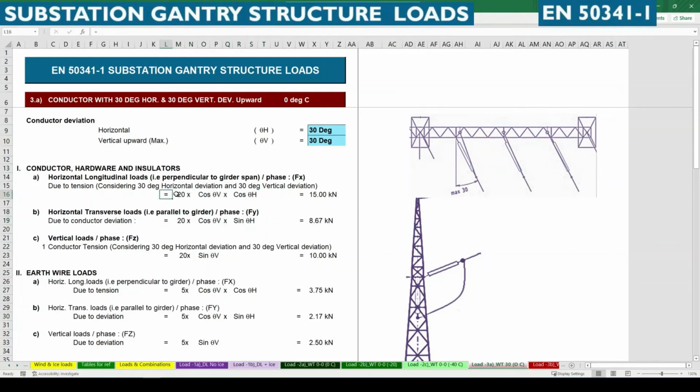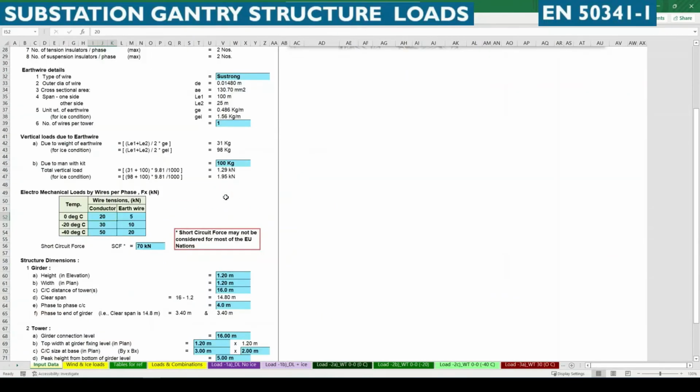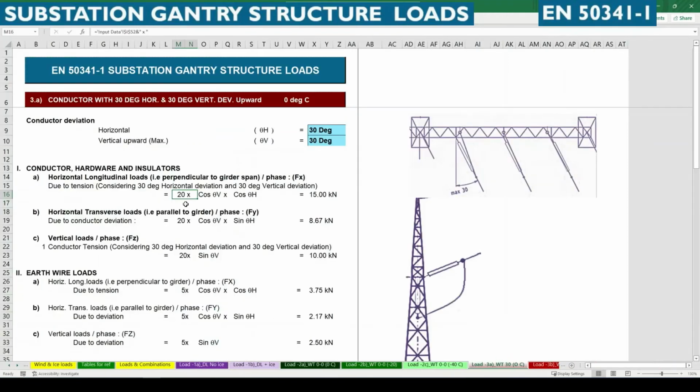For horizontal longitudinal loads, we need to consider F, the tension load for 0 degree as the electromechanical input we have here. That should be multiplied with cos theta V and cos theta H, where theta V is the vertical deviation. By multiplying these three values we get 15 kilonewton.